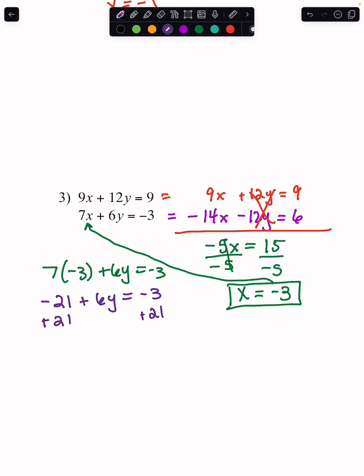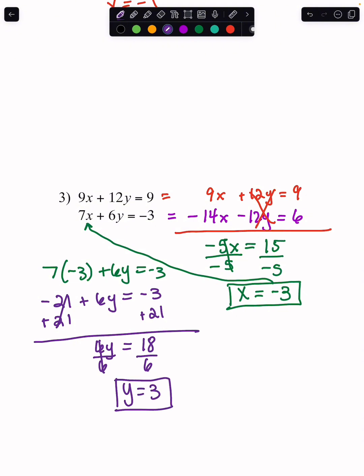I got 6y equals negative 3 plus 21, which is a positive 18. Divide both sides by 6. y equals a positive 3. So my solution is negative 3, positive 3.